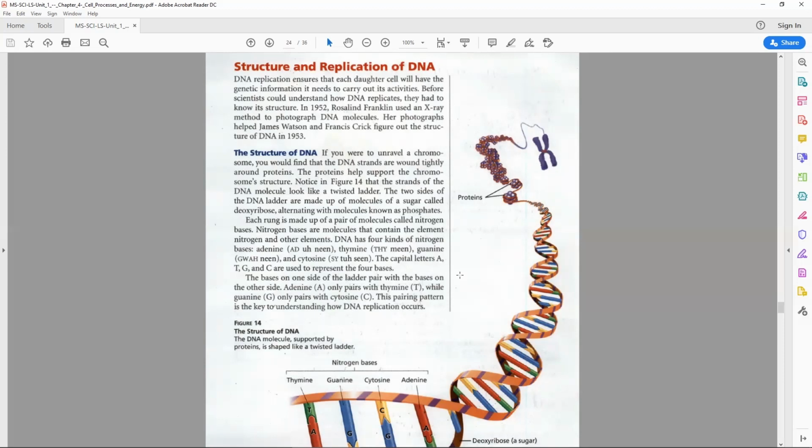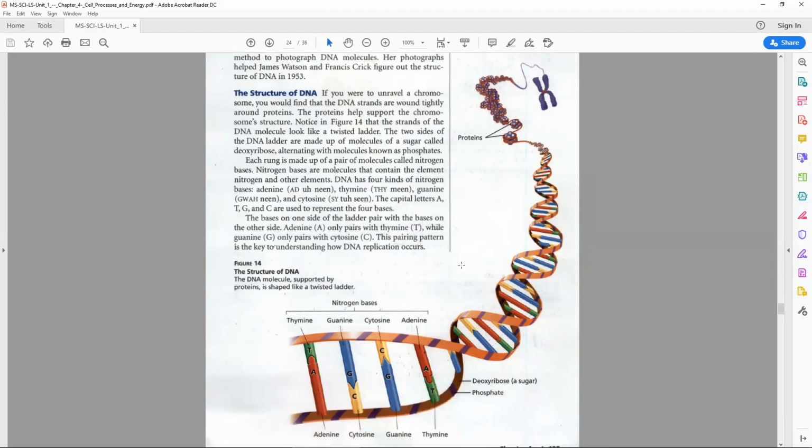DNA has 4 kinds of nitrogen bases: adenine, thymine, guanine, and cytosine. The capital letters A, T, G, and C are used to represent these 4 bases. The bases on one side of the ladder pair with the bases on the other side. Adenine, A, only pairs with thymine, T, while guanine, G, only pairs with cytosine, C. This pairing pattern is the key to understanding how DNA replication occurs.